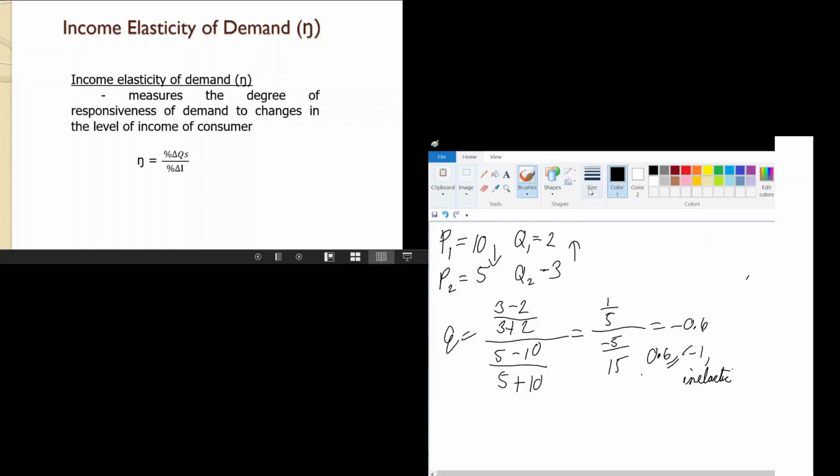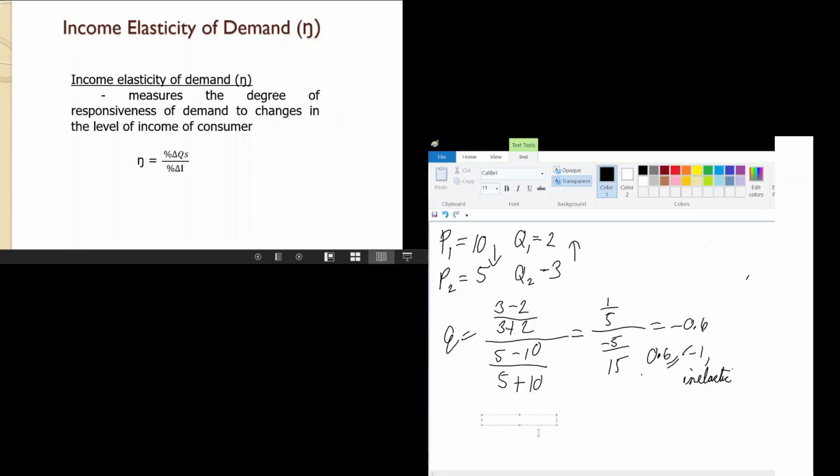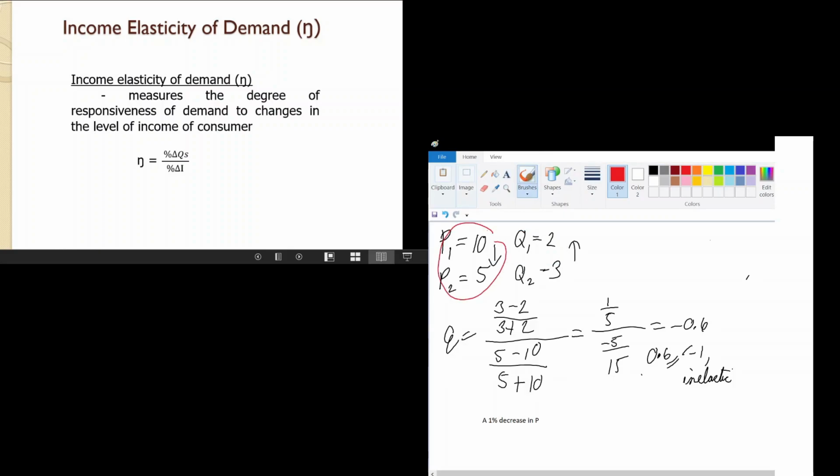Okay, so, we can interpret it as a 1%. So, increase or decrease. So, a 1% decrease in price. Bakit decrease? Kasi based sa given, from 10, naging 5 siya. Okay, so from 10, naging 5.